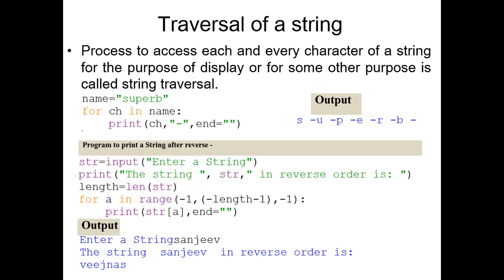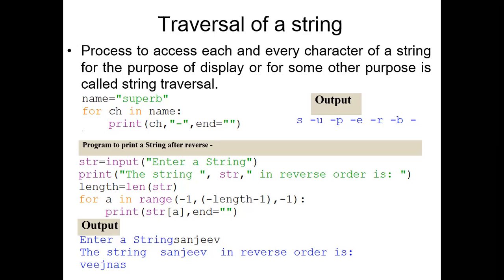Traversal is the process of accessing each and every character of a string for the purpose of display or for some other purpose. Traversing refers to iterating through all the elements of a string, one character at a time.